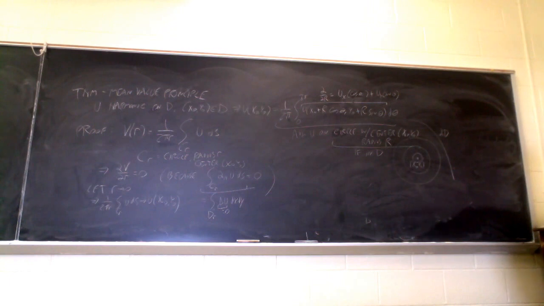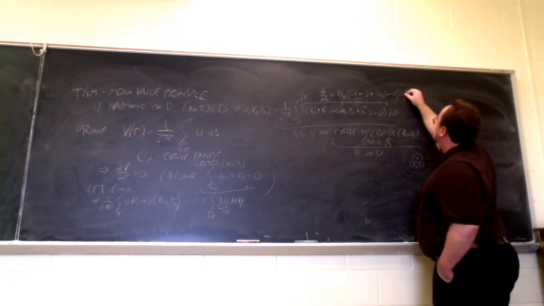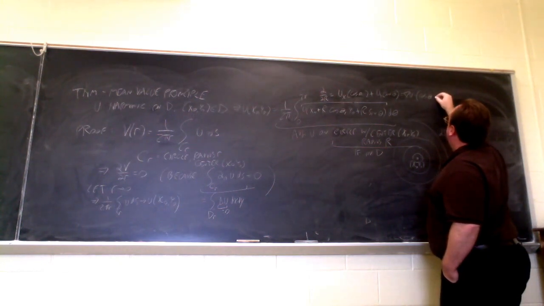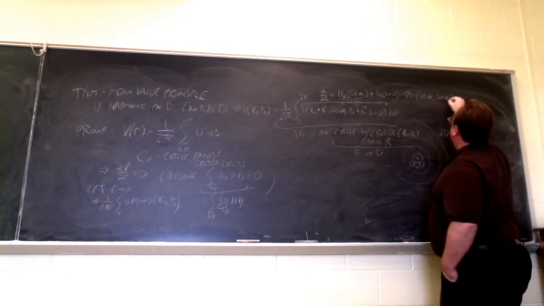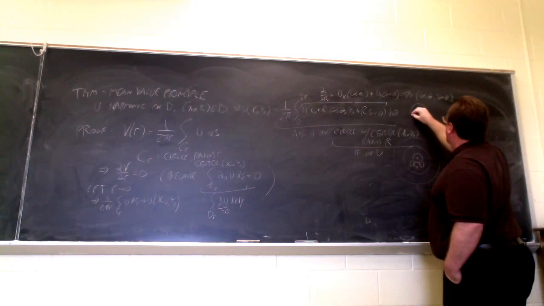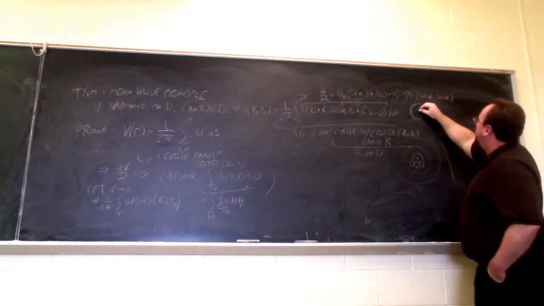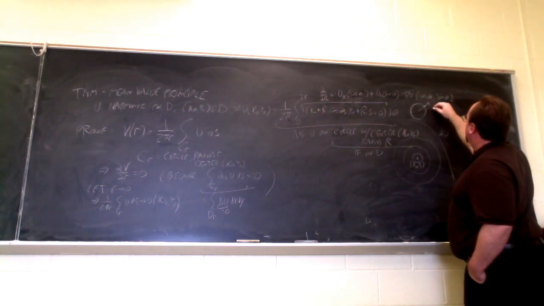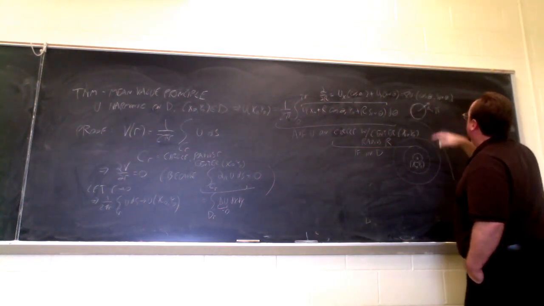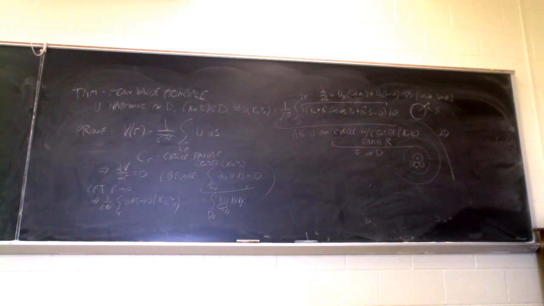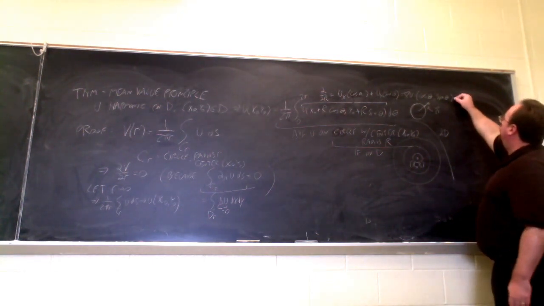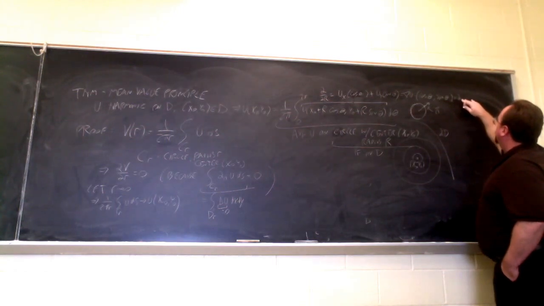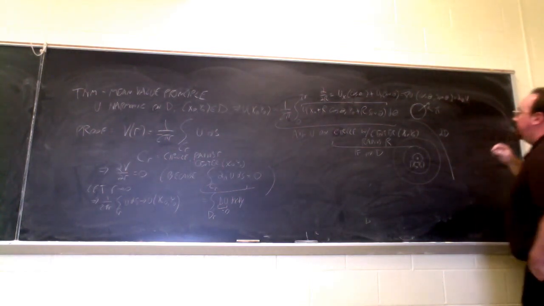And this is equal to the gradient of u dot product with cosine theta, sine theta. But if you look at a circle, the vector cosine theta, sine theta is this vector right here. That's your normal vector. So this is the normal derivative of u.